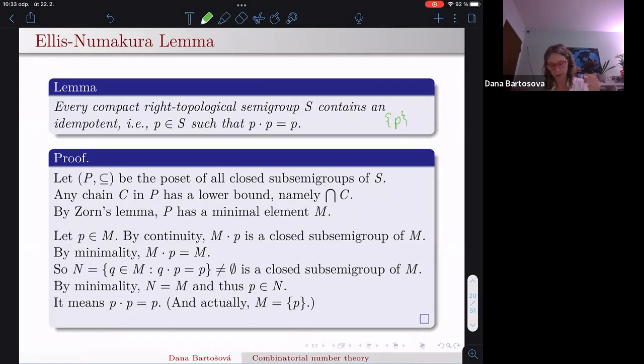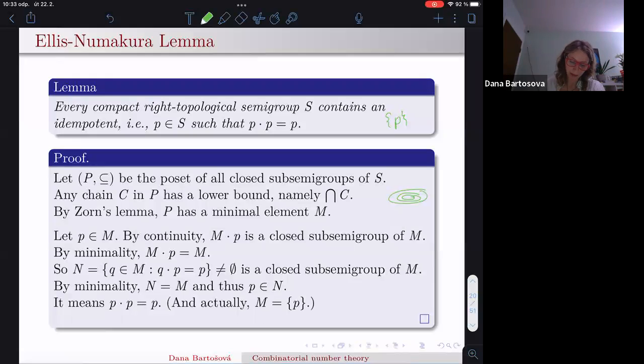If it were not, then it would have to have failed somewhere in the chain itself. That means that it has the finite intersection property, right? Because the intersection of finitely many things is going to be the smallest element of the chain. And because we are in a compact space, the intersection is going to be non-empty.